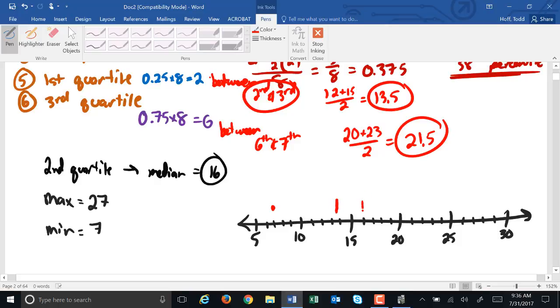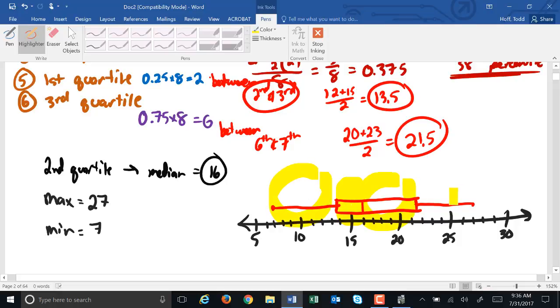Median was 16, I put a line there. Third quartile, 21.5. And then the max at 27. I connect the box between the first and third quartile, connect the minimum and the maximum, and that shows me where it's spread out. I can see the data is fairly tight together right here, but the other 3 spots are almost equally spread out because they're almost the same size. Remember, each of those pieces is 1/4 of the data.